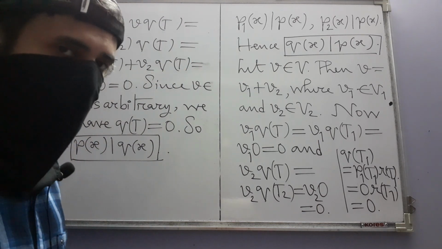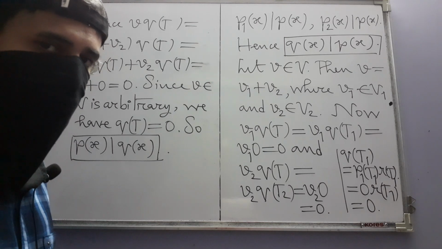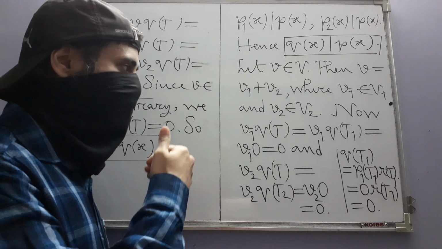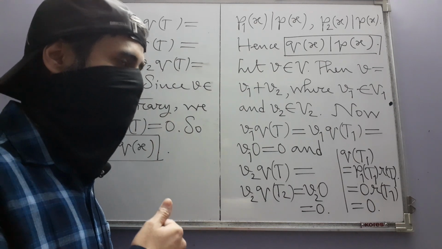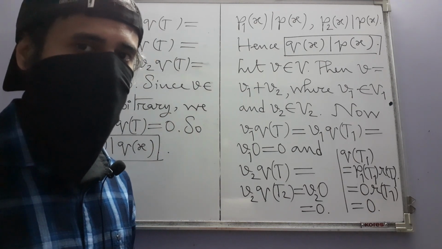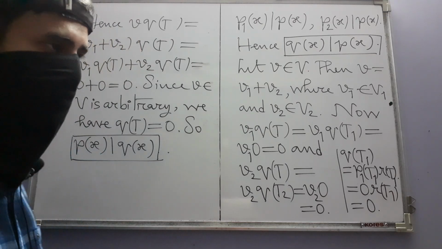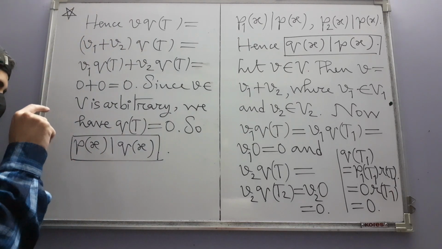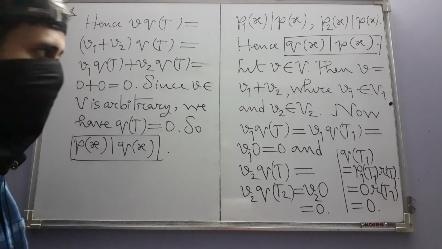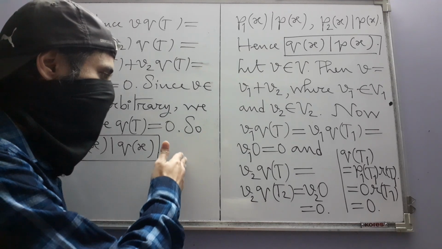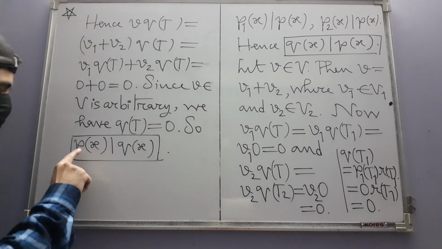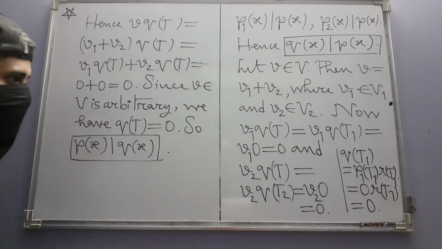Without this extra condition, if we simply assume that a minimal polynomial is an annihilating polynomial of smallest degree, then there will be many such polynomials. But monicness ensures that we get only one such polynomial. And you know what monicness is. It means that the leading coefficient of the polynomial is 1. So this is one such polynomial.